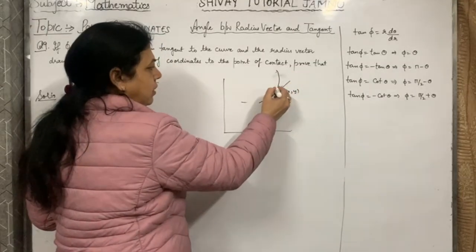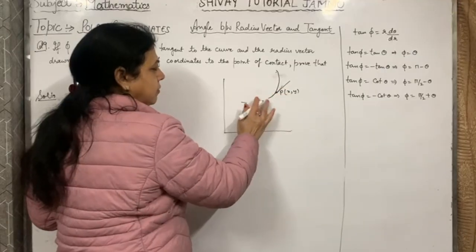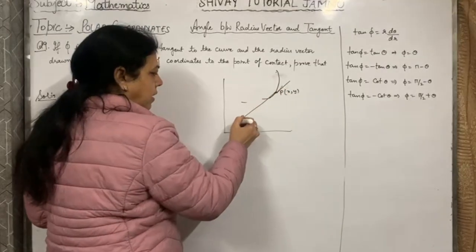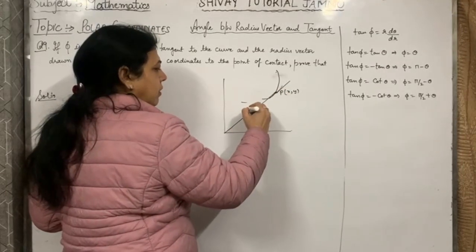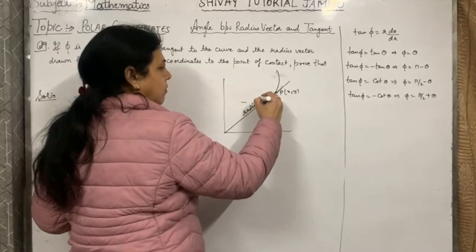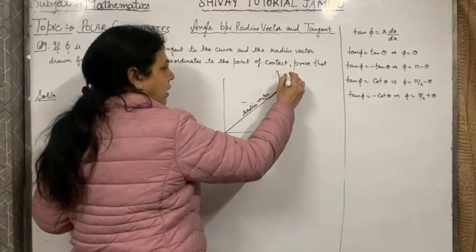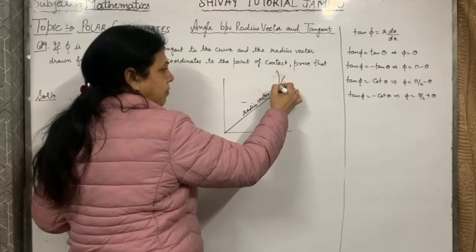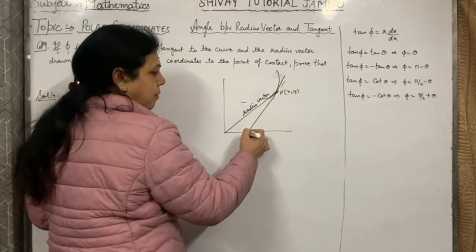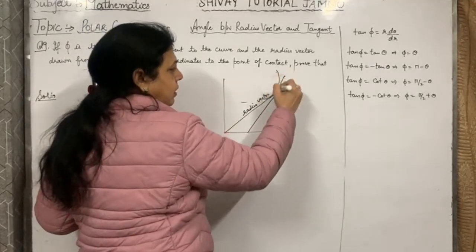This is point P and this is the radius vector and this is the tangent. This is the tangent line. Clear?